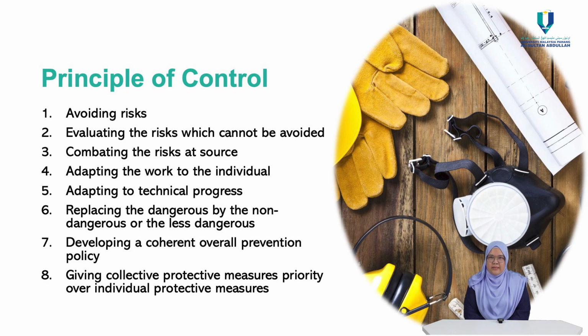Number 4, adapting the work to the individual, followed by adapting to technical progress, replacing the dangerous by the non-dangerous or the less dangerous, developing a coherent overall prevention policy, and last but not least, giving collective protective measures priority over individual protective measures.